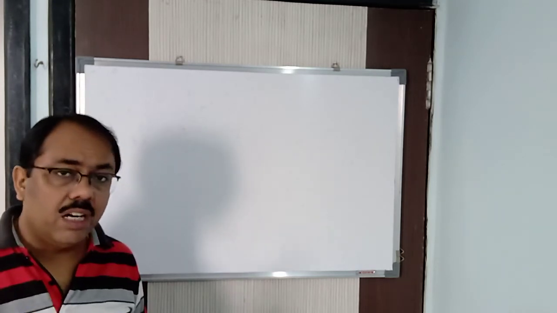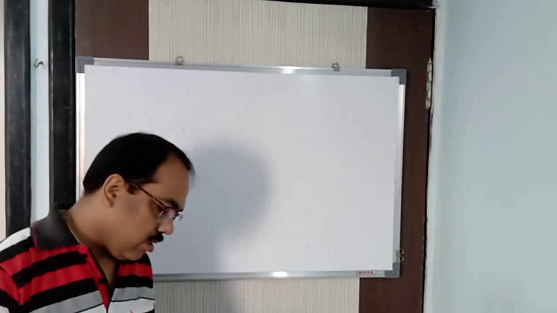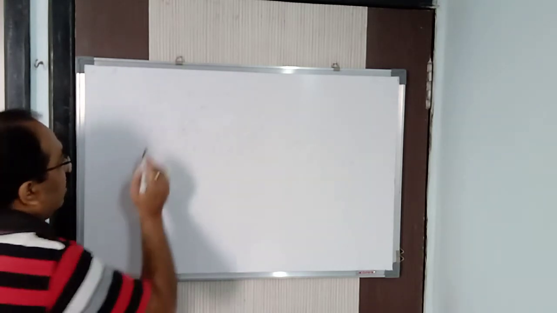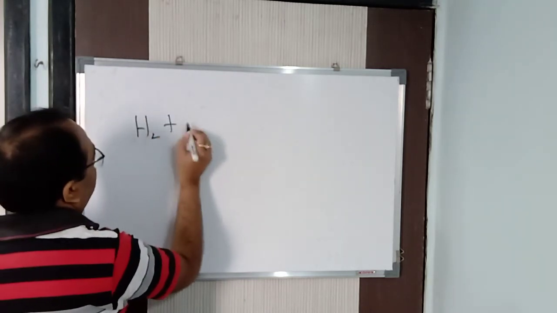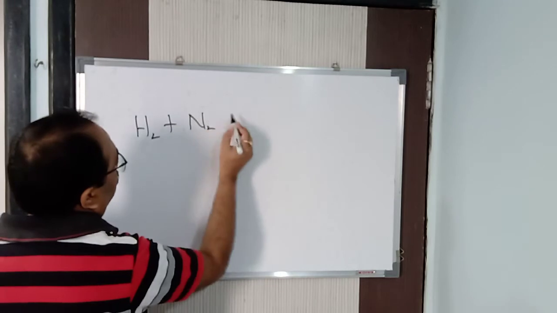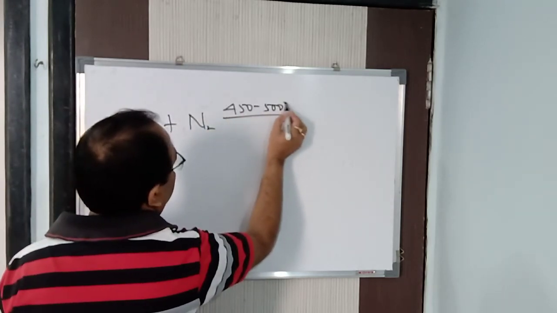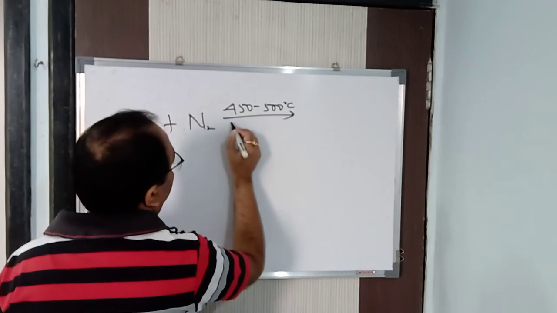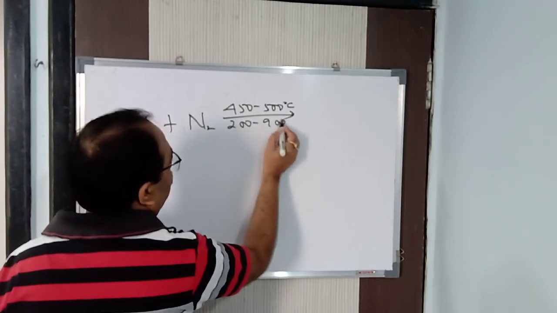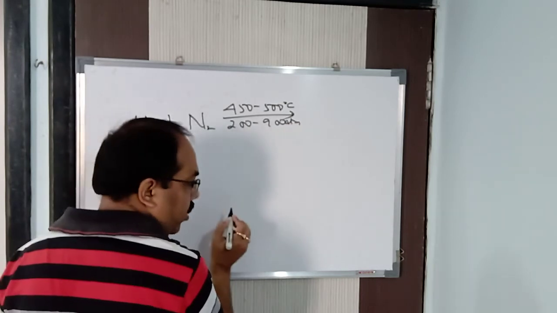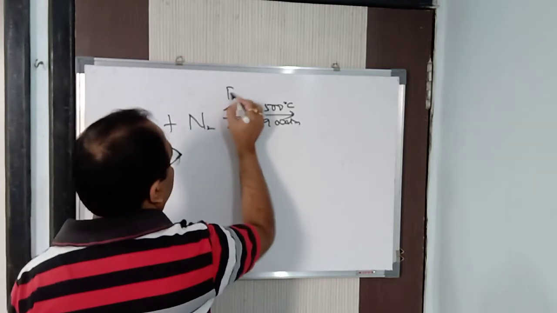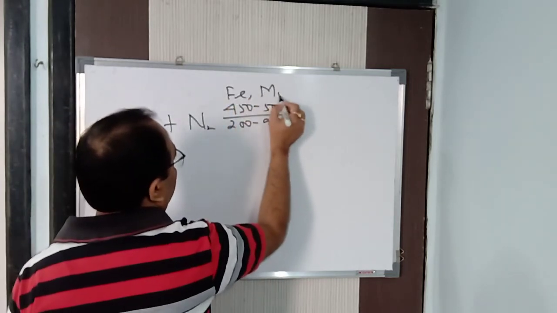So when hydrogen reacts with nitrogen, the condition is a temperature of 450 to 500 degrees centigrade, and a pressure of 200 to 900 atm. Iron is used as a catalyst and molybdenum is used as a promoter.